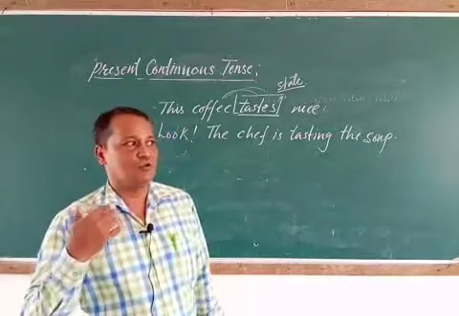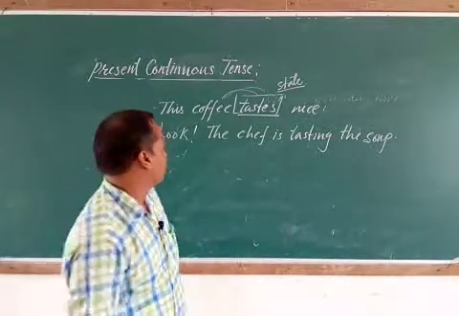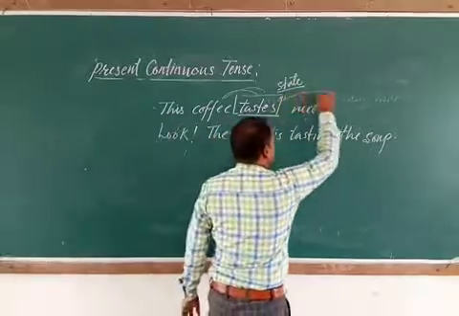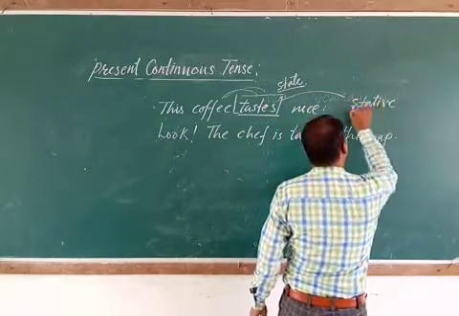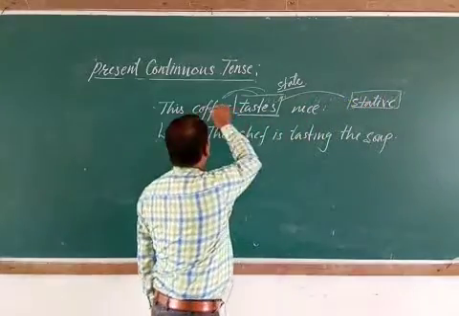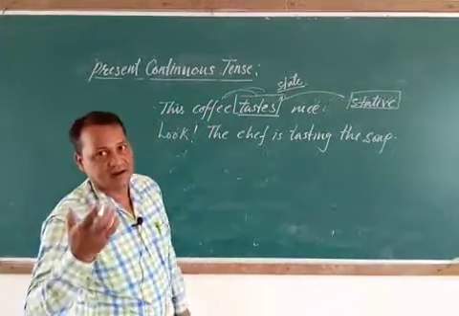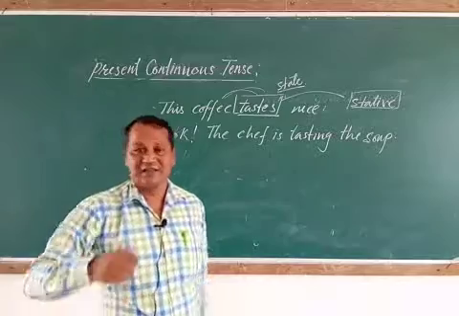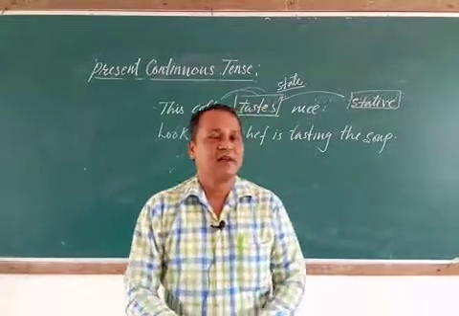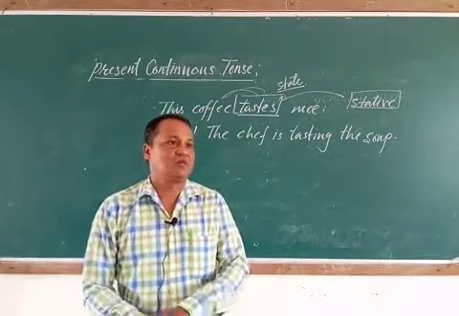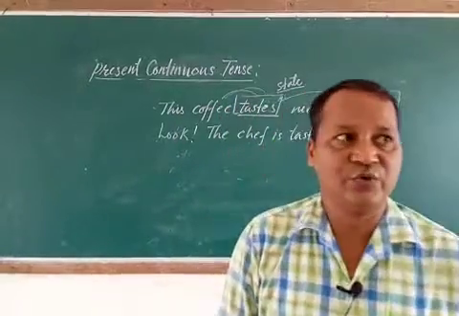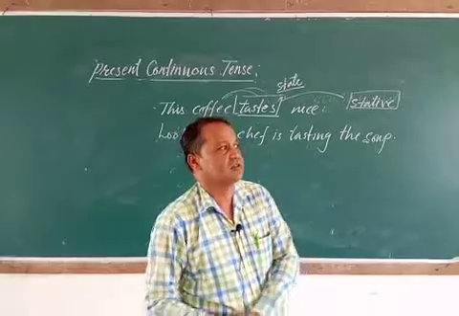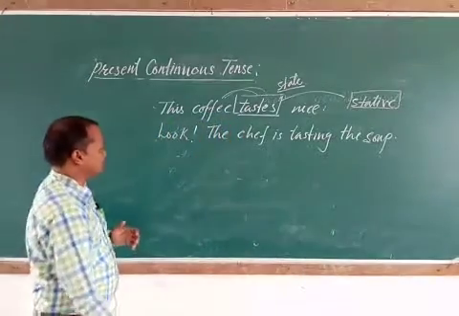So if it is related to our opinion, it is stative form. So we cannot write that the coffee is tasting nice. If we write the coffee is tasting nice, the sentence will be incorrect, because in stative form the verb cannot be used in present continuous tense. But look at the second sentence.